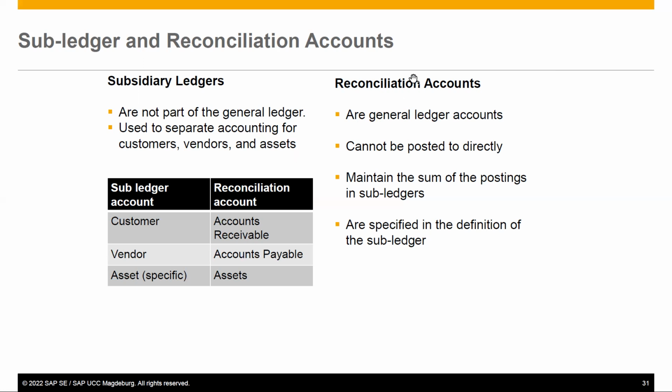We cannot make any direct entry into the reconciliation account. For these three, we have to enter the amount in the sub ledger, and that will automatically go to the reconciliation account.